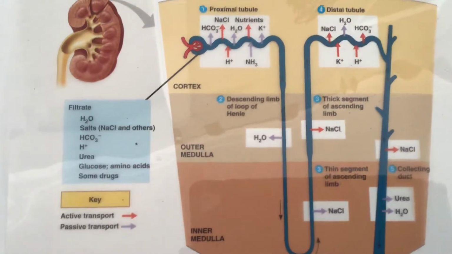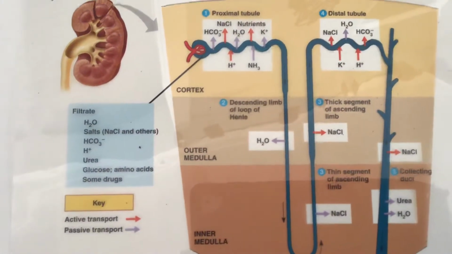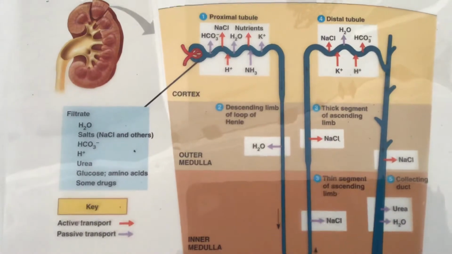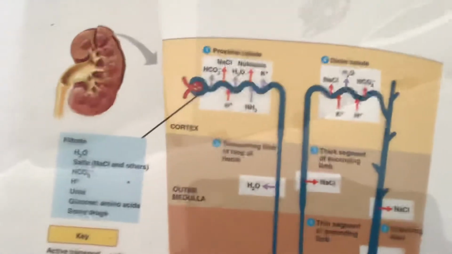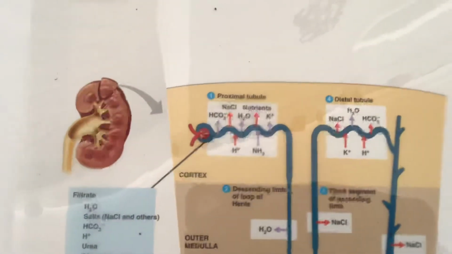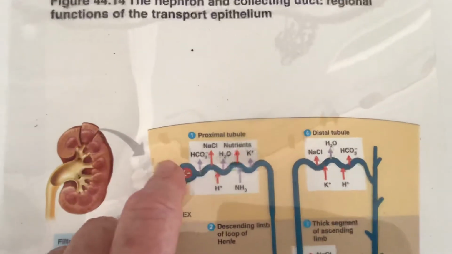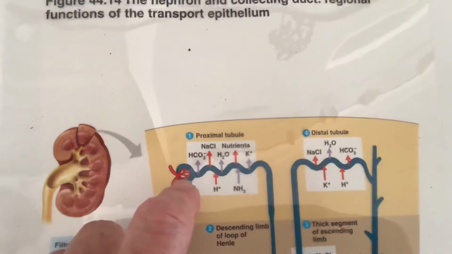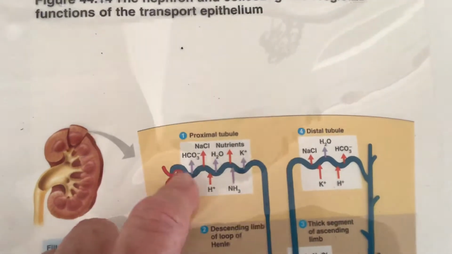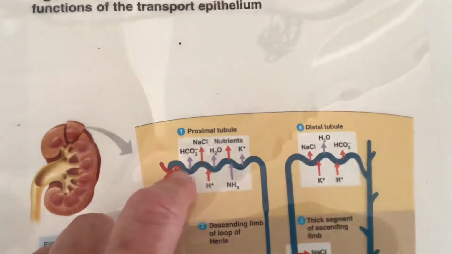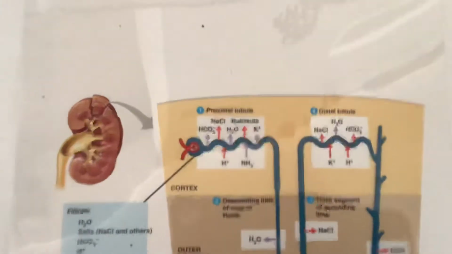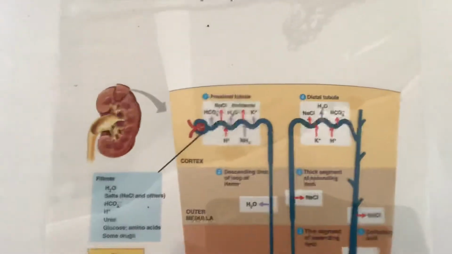All right, so notice the red is active transport and the blue is passive transport. Up here at the top, the red, this little part right here, these are the capillaries of the glomerulus. And that's going to enter into a little ball of capillaries at the beginning, the Bowman's capsule of a nephron. Let's just go over the areas of the nephron.